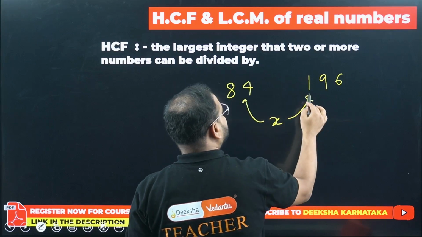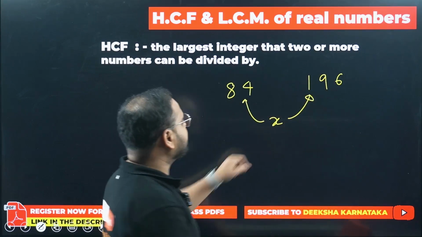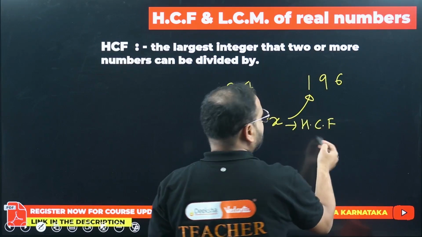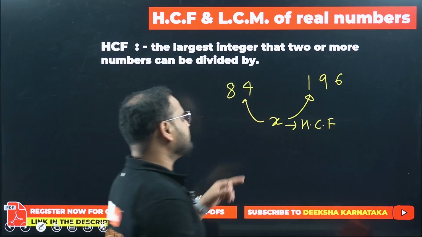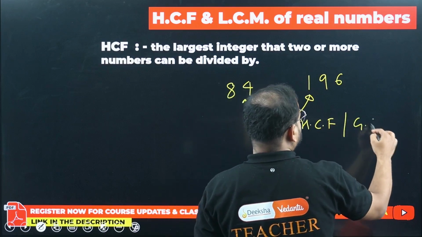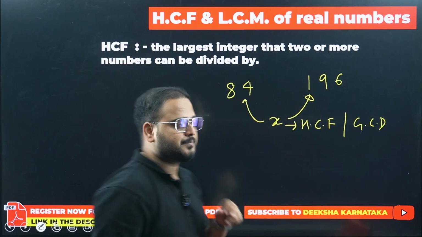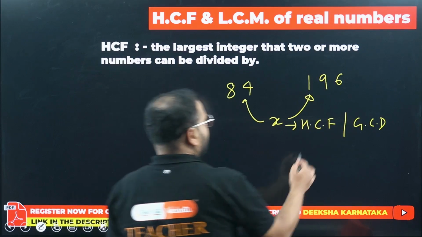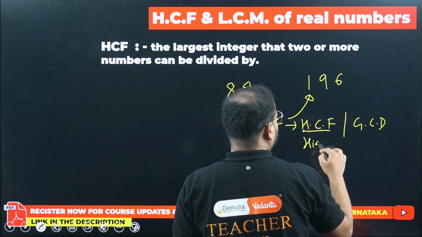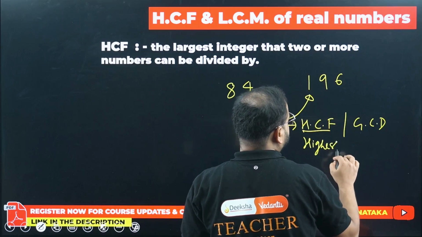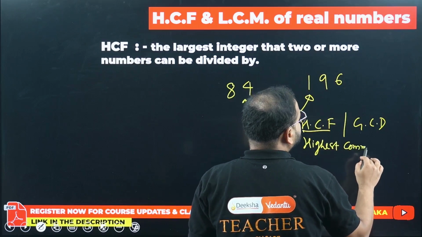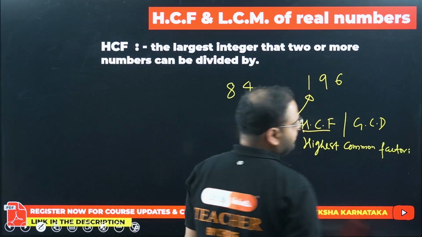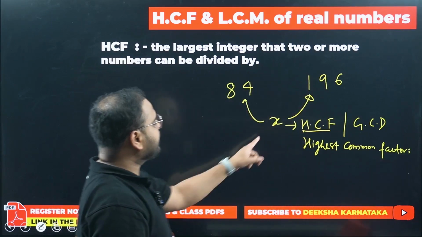That number is called HCF, highest common factor, or sometimes GCD, greatest common divisor. But most commonly we call it the highest common factor. The definition: the biggest number which can divide both of them.